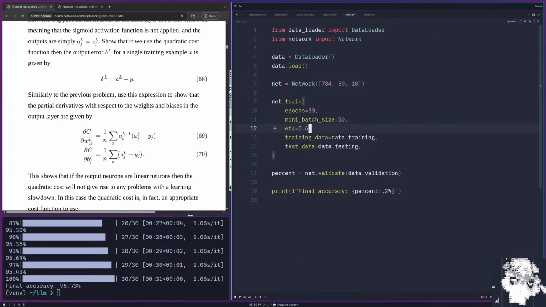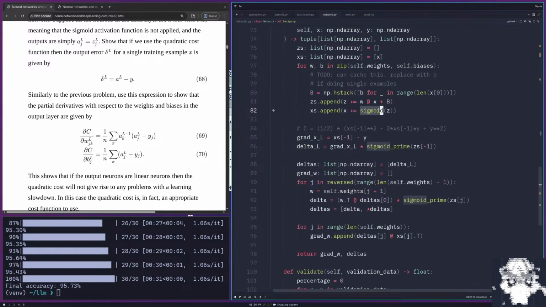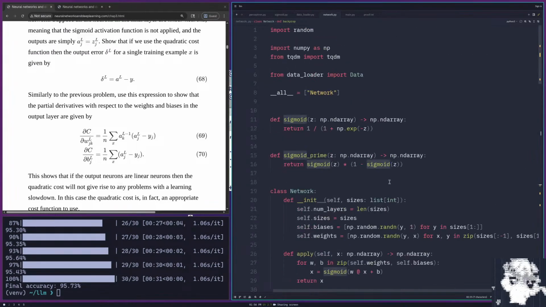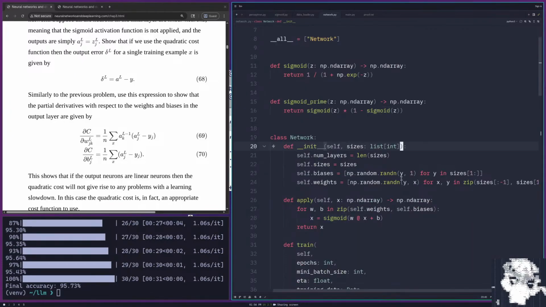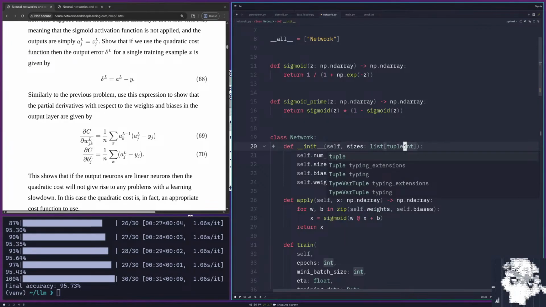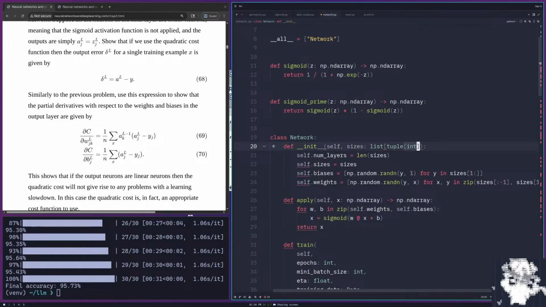So let me try to implement something that I know I'm going to need eventually, which is to tell the network what kind of layers each of its things are. So instead of just sizes, you're going to have to give me a list of tuples where you tell me the size, as in the number of neurons, and you also tell me the type of neuron.